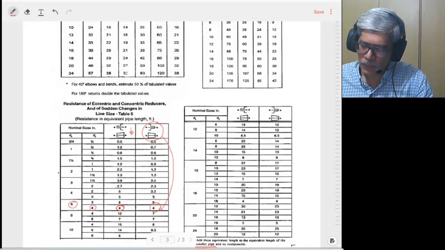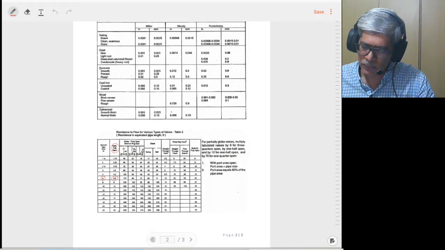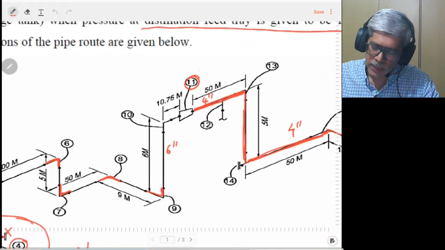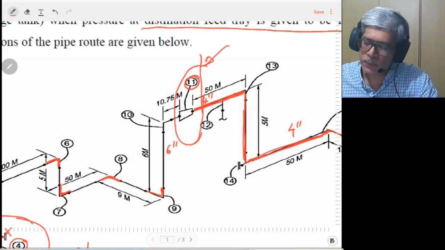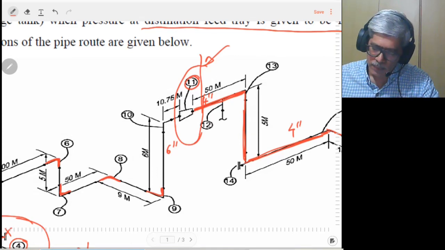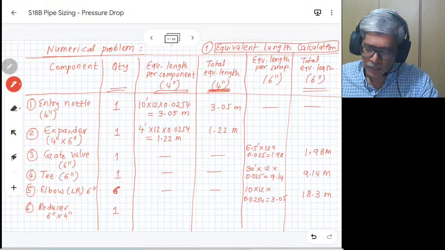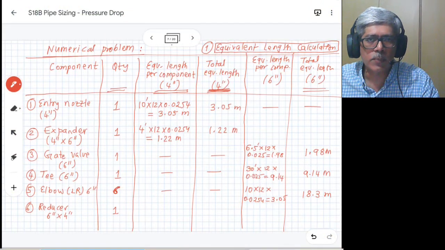Okay, so now we have taken care of the reducer. We'll just show on the picture where we are. So we are at this particular item, which is the one we have considered. For this reducer, remember that the equivalent length is always given for the smaller size.